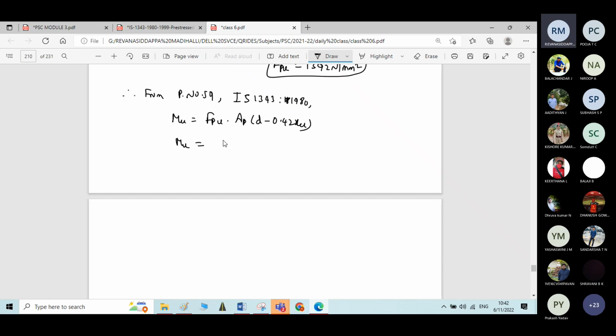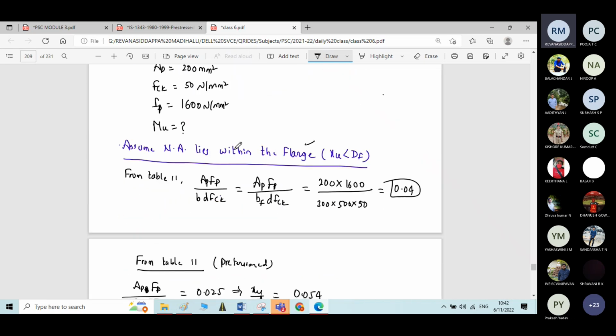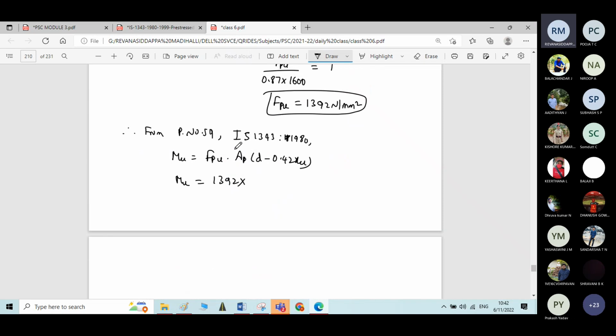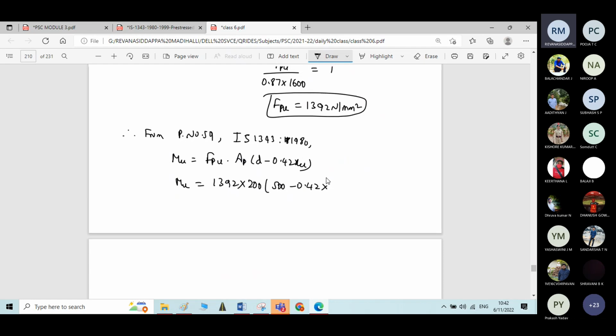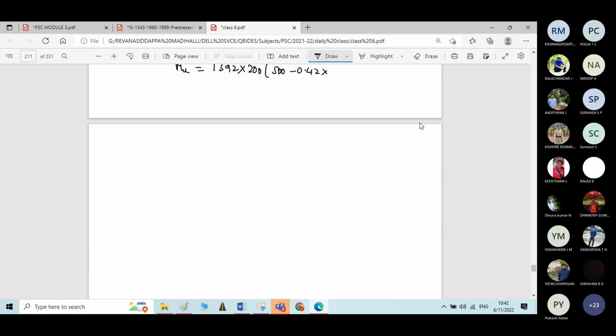Therefore, Mu is equal to FPU, which is 1392, and AP, given in the problem directly, 200 mm square. Effective depth is given as 500 minus 0.42 into XU, which we got as 43.5 mm.